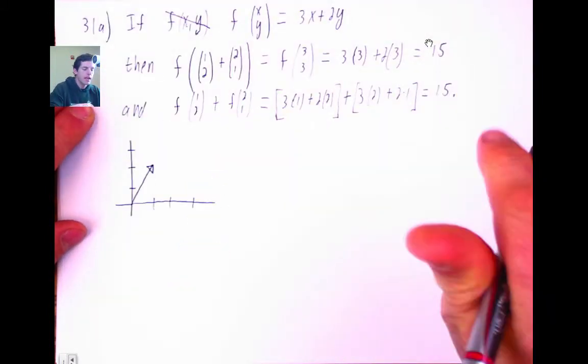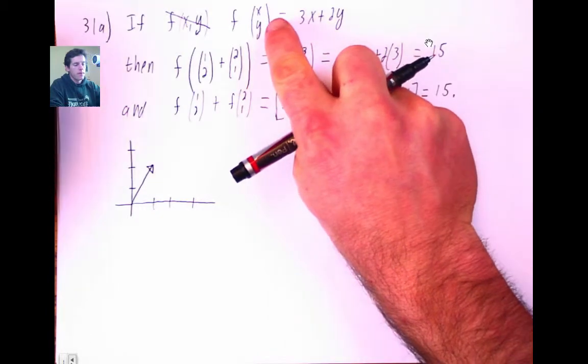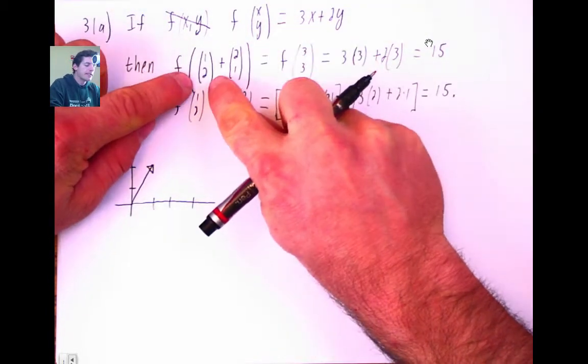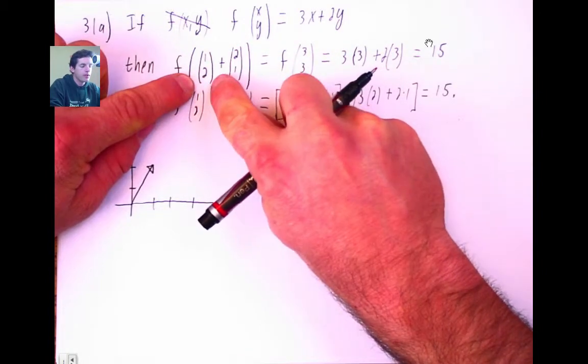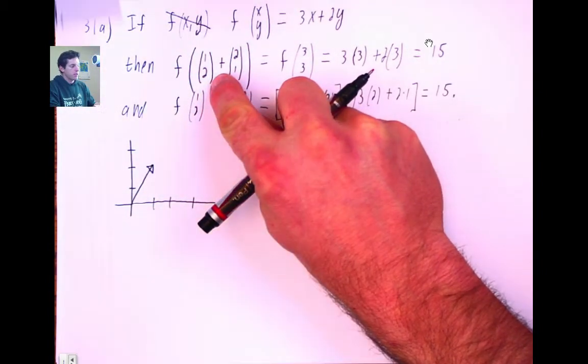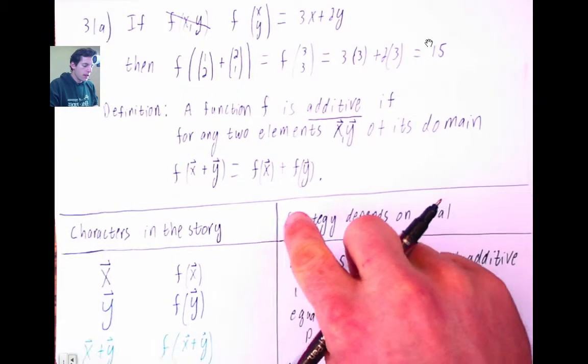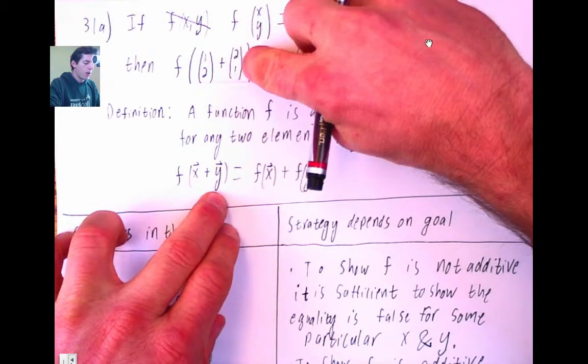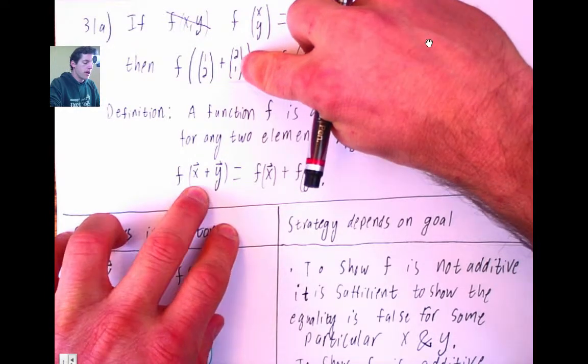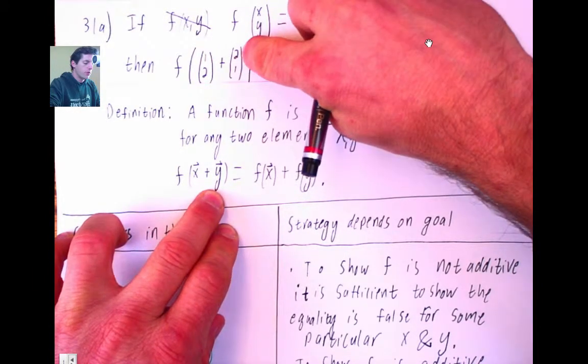And so I will take the particular vectors x harpoon and y harpoon. X harpoon will be 1, 2. Okay, let me put this back down here. I am looking at a particular x harpoon and y harpoon, these two vectors. X harpoon will be 1, 2, y harpoon will be 2, 1.